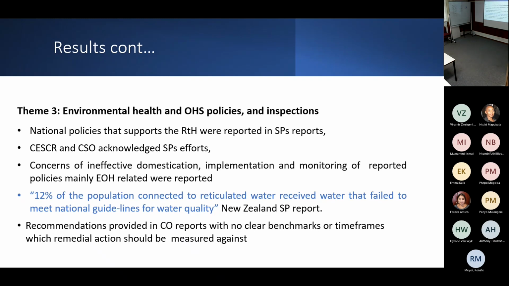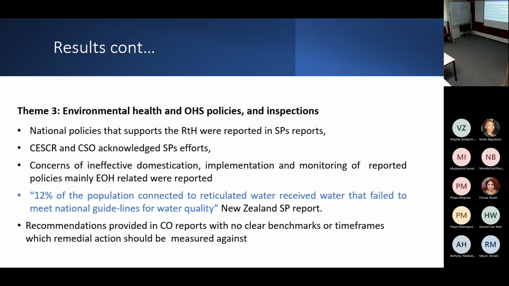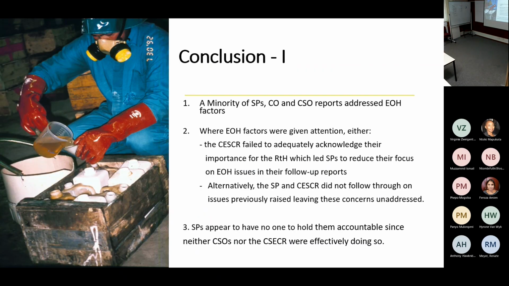There was no statement like, in the next period we need to see this, or within 5 years we need to ensure that air quality is improved from this standard to this standard, or that occupational health risks or occupational deaths are reduced. There was nothing as such in the reports. It was just a remedial action with no time frame and no numbers, no target or indicator to say what needs to be done.